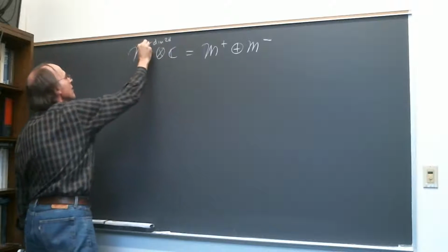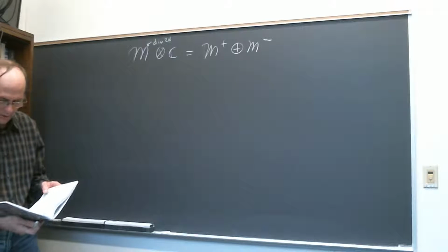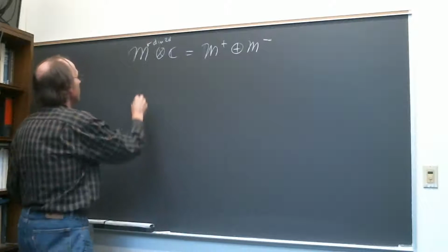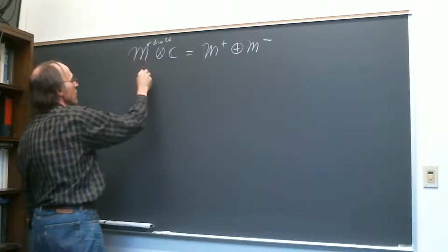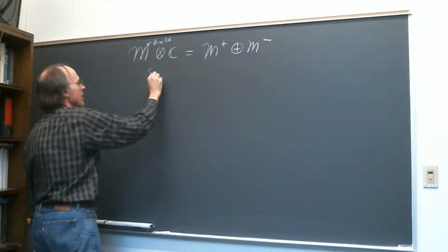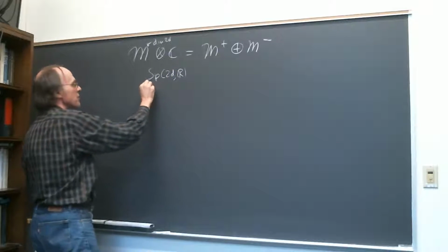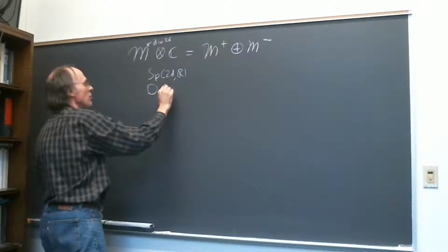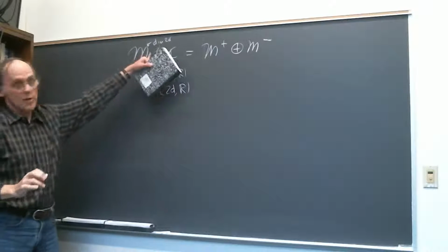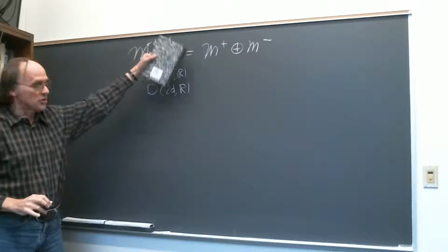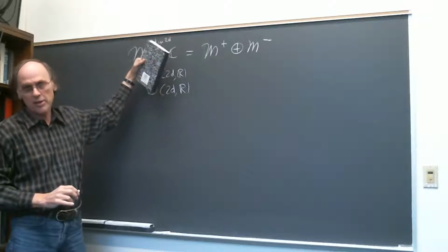Then if it was bosonic, you had an Sp of 2d, R. If it was fermionic, you had an O of 2d, R. These are a bunch of symmetries of the situation, depending upon the kind of Poisson bracket, antisymmetric or symmetric gadget, that you had on here.